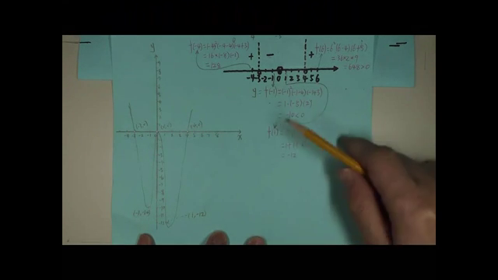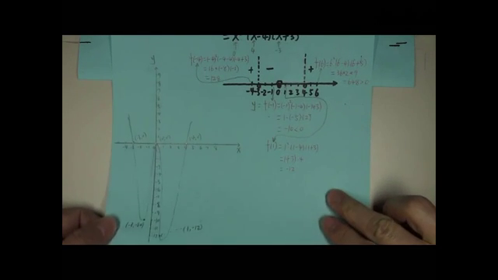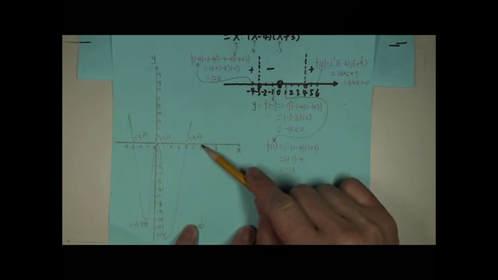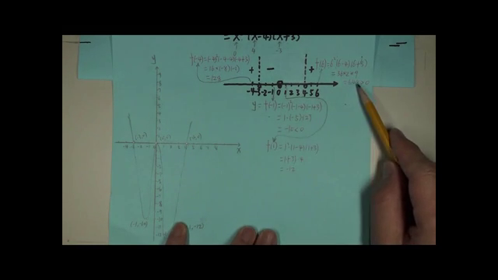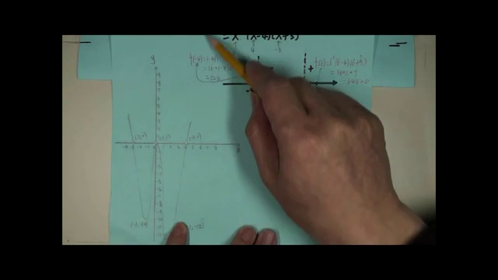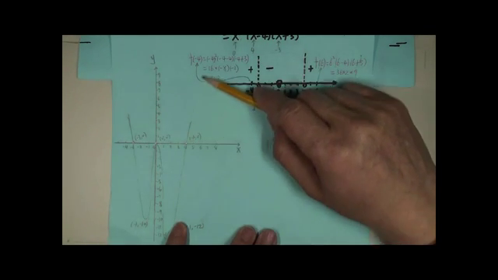Actually, from here you can see that when x is 6, your y is 648. 648 is beyond this paper, so you can see it goes very fast.